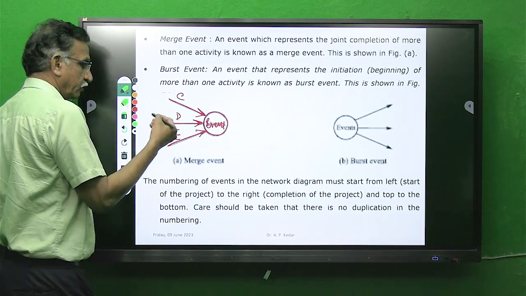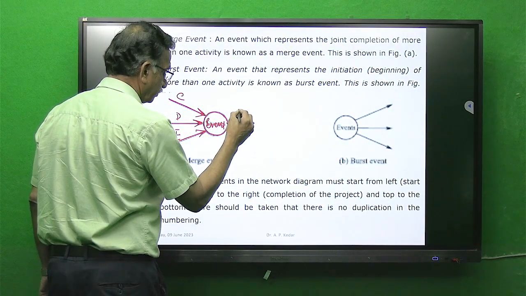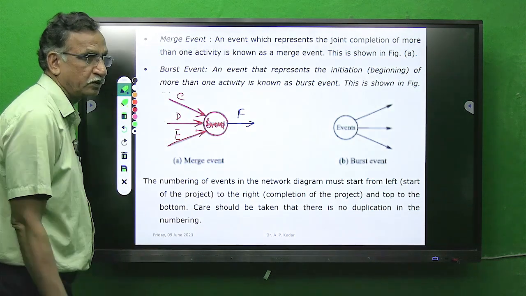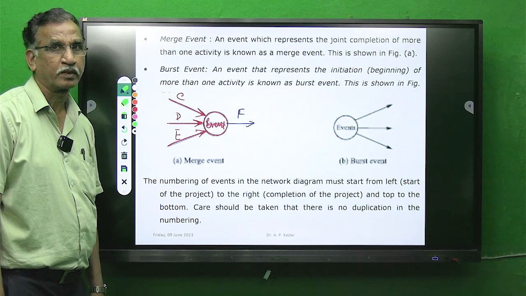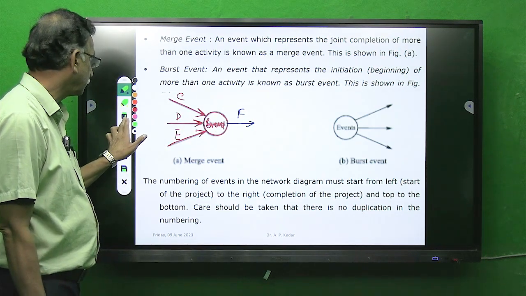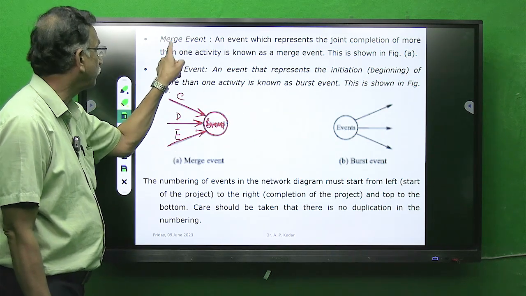It may be that further, depending on the situation, you may have some activities emerging from this. That we'll see. But right now, focus your attention on the merge event.